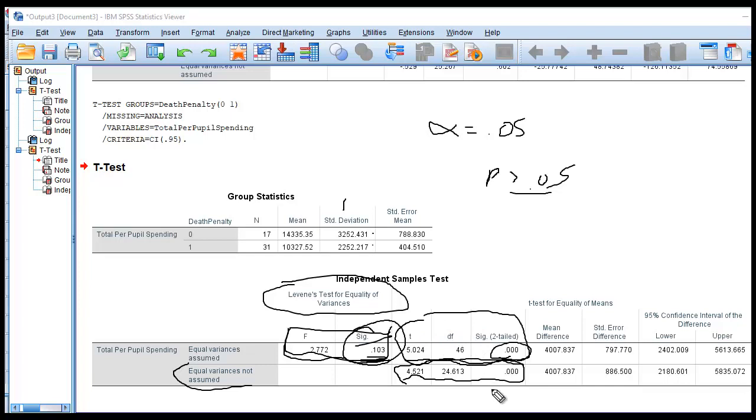The second row of test results is essentially an effort to correct our results in order to decrease the likelihood of committing a type 1 or type 2 error. In this particular case, there was no need to use the equal variances not assumed version of the test. This is basically Welch's test. We can still stick with the equal variances assumed, basically our standard parametric t-test.